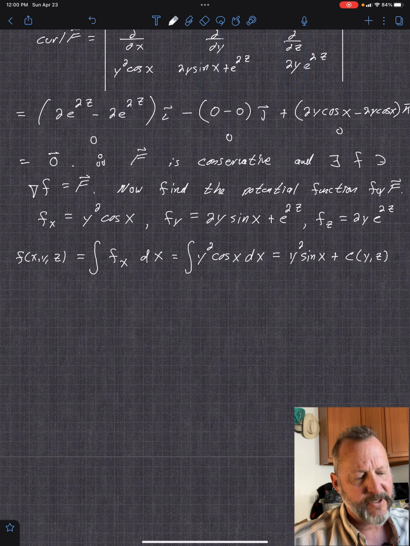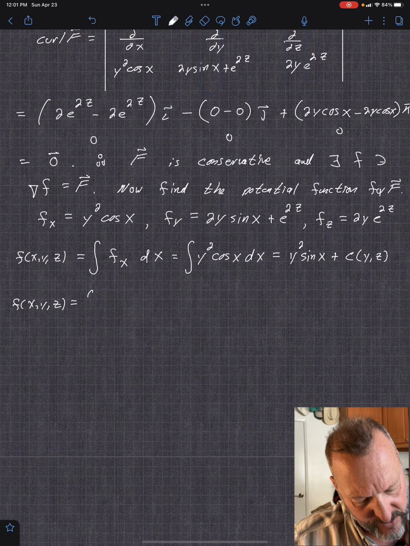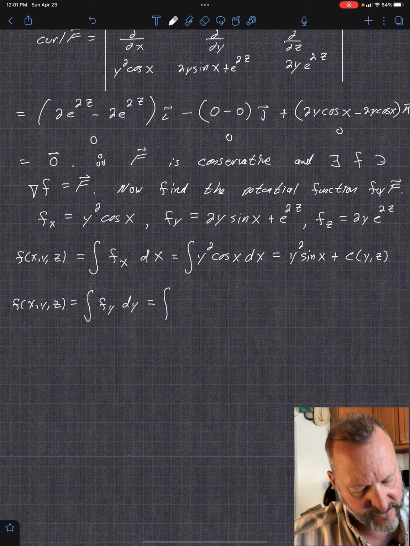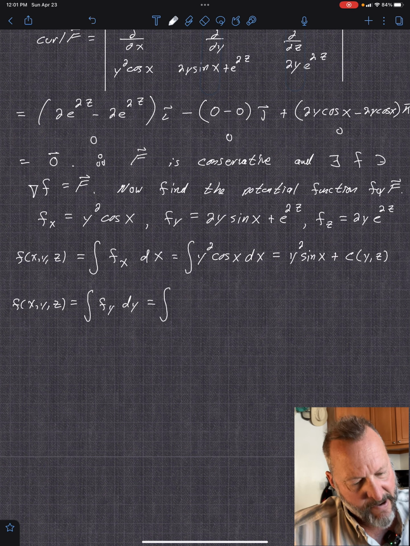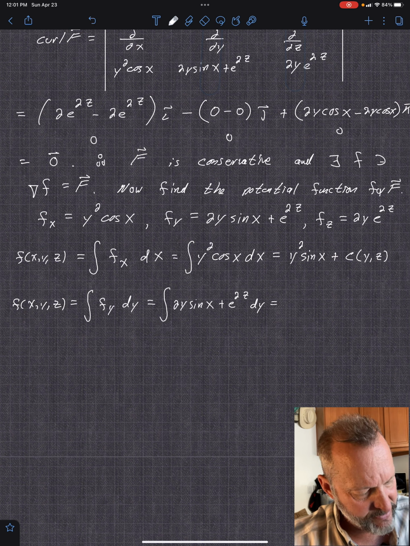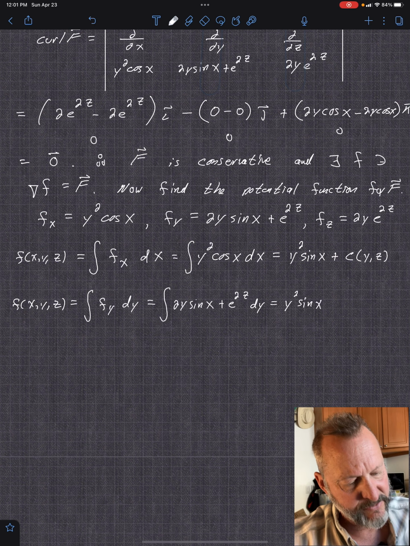Let's do the next one. Partial f of x, y, z equals the antiderivative of partial fy with respect to y. So you integrate all of that: the 2y sine x plus e to the 2z dy. When you get that, it's going to be y squared sine x, which is the same one just above.